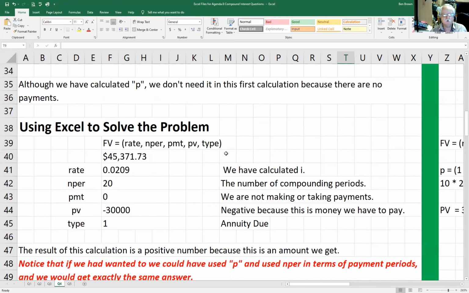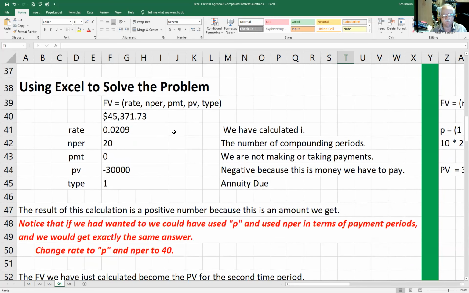Strangely enough, we don't need the value of P for the first calculation because in the first calculation, there's no payments, right? On the other hand, we could have used the value of P if we had this as P and changed N per to 40, we'd still get exactly the same answer.